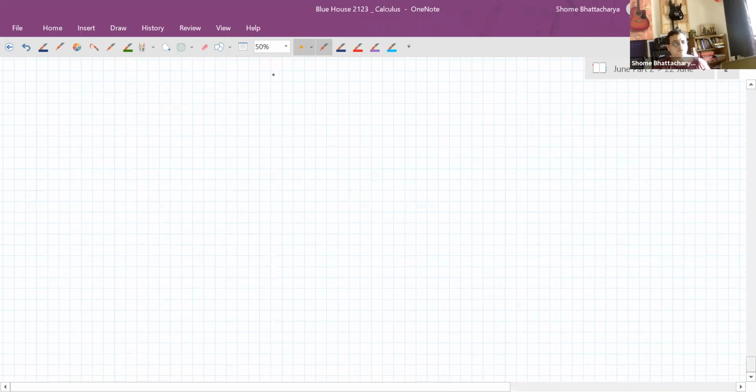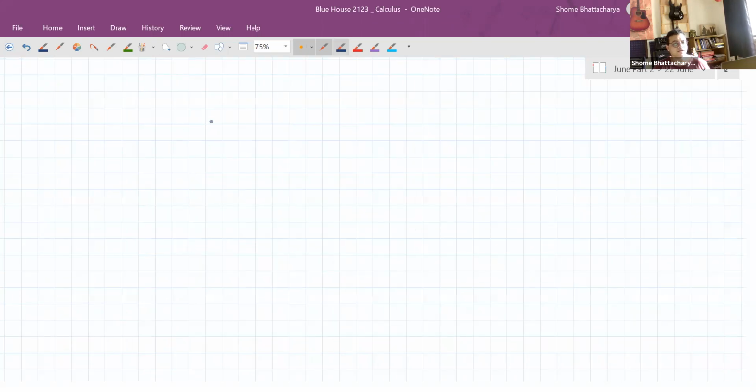Okay, so we'll also discuss what happens if n is equal to minus 1, but this is the first important formula for us in integration.